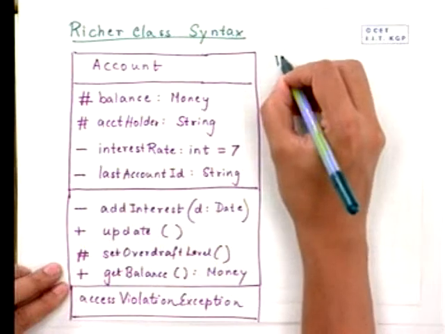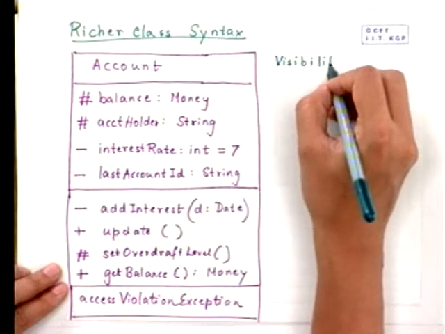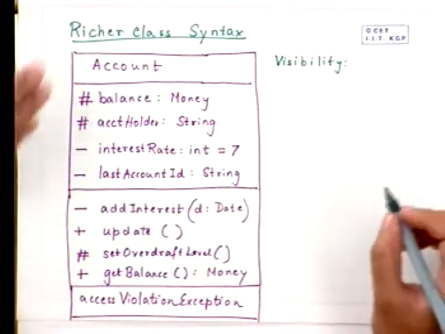Now, let us have a look at the syntax of these things a little more formally. Visibility is of three types.